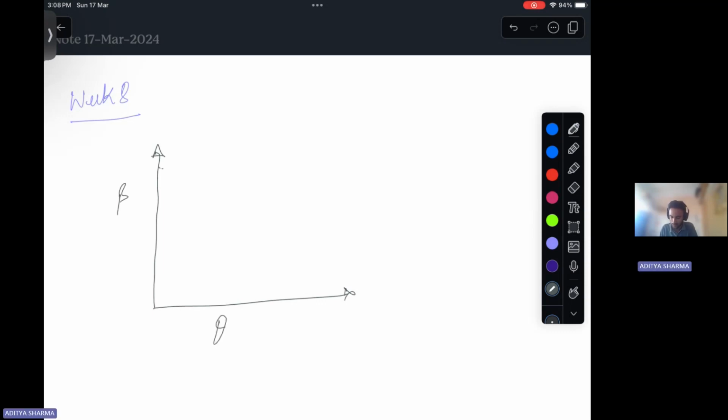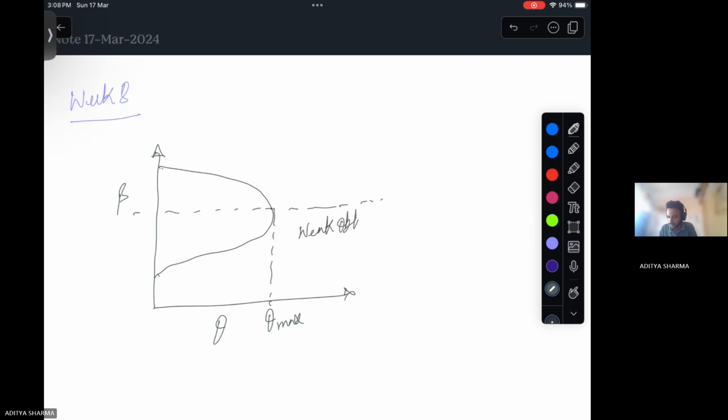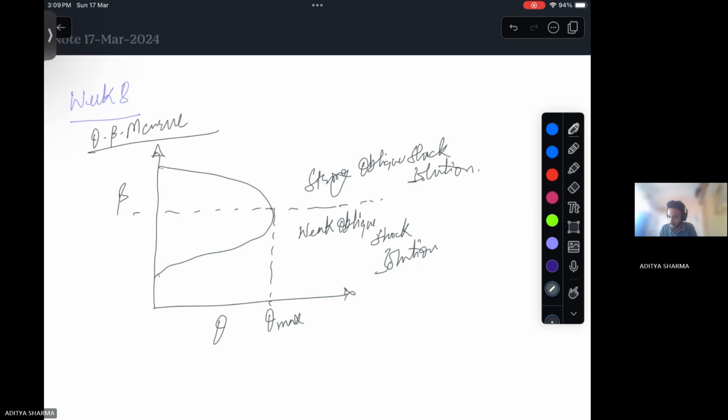This is our beta and this is our theta. Below this line we have the weak oblique shock solution, and above it the strong oblique shock solution.